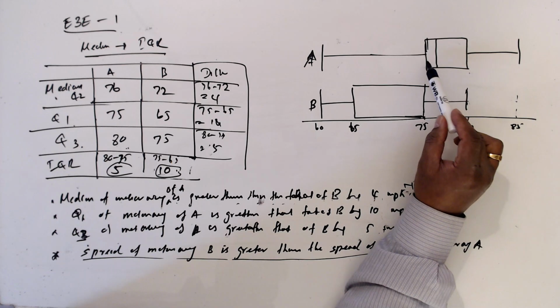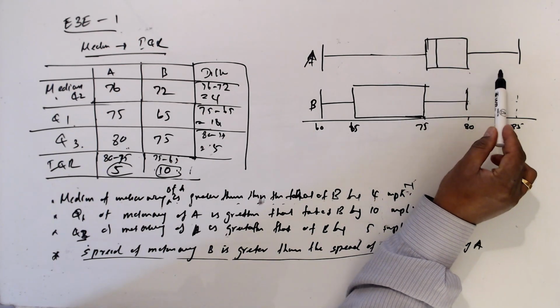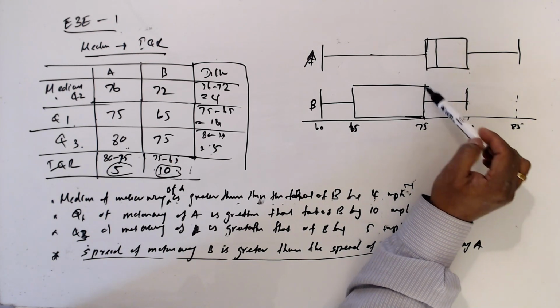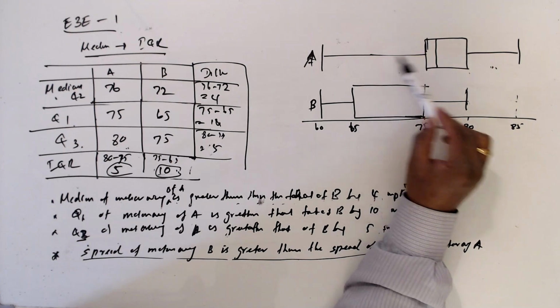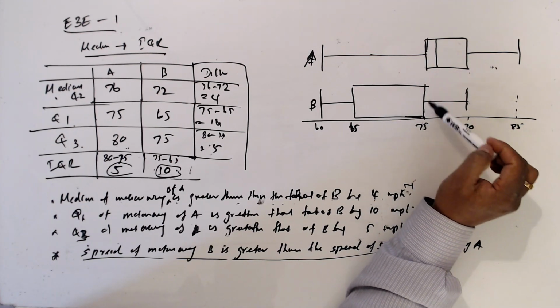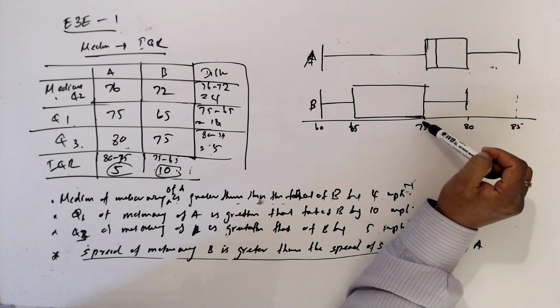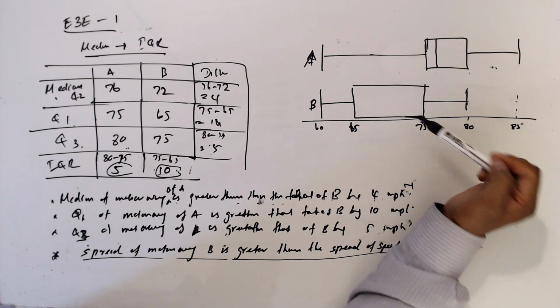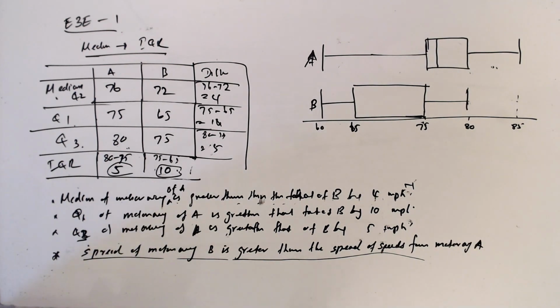You can see that 3/4 of the data is above 75 here, and 1/4 is less than 75 in here. So that is also one observation.